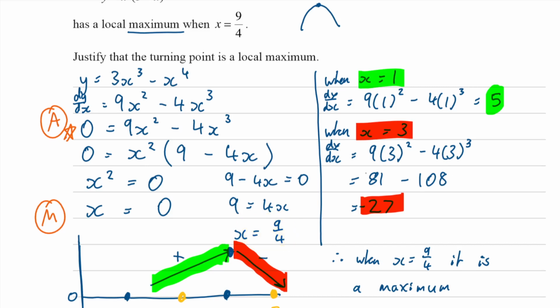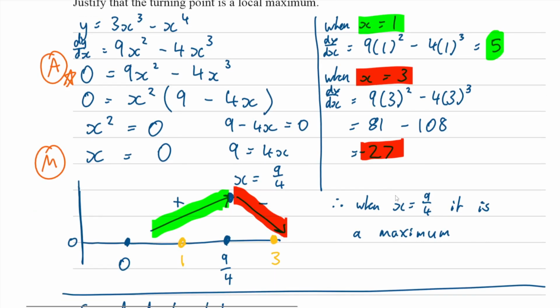However, we haven't justified that it is a local maximum. So to do that, we could either pick 2 points right next to it, keeping in mind that I picked 1 because it was greater than 0. So it has to be to the right of 0. And we found it was positive gradient into a negative gradient. Therefore, it must be a maximum. And that would be excellence.